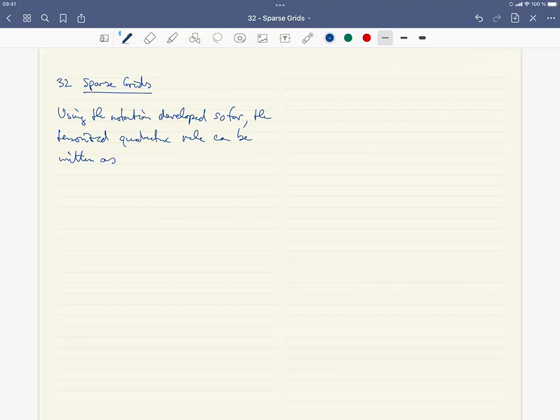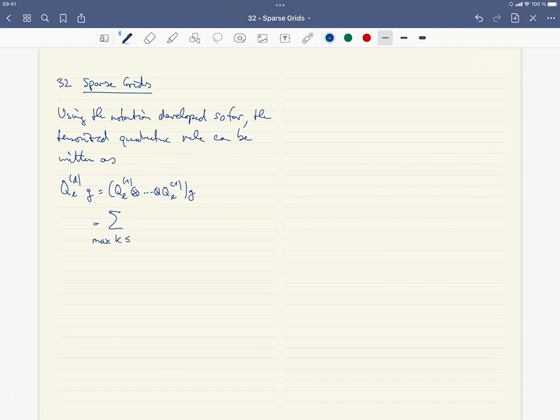So I have the d-dimensional rule. We write it like this: Q_L^1 direct product G, and then I can write it down like this.